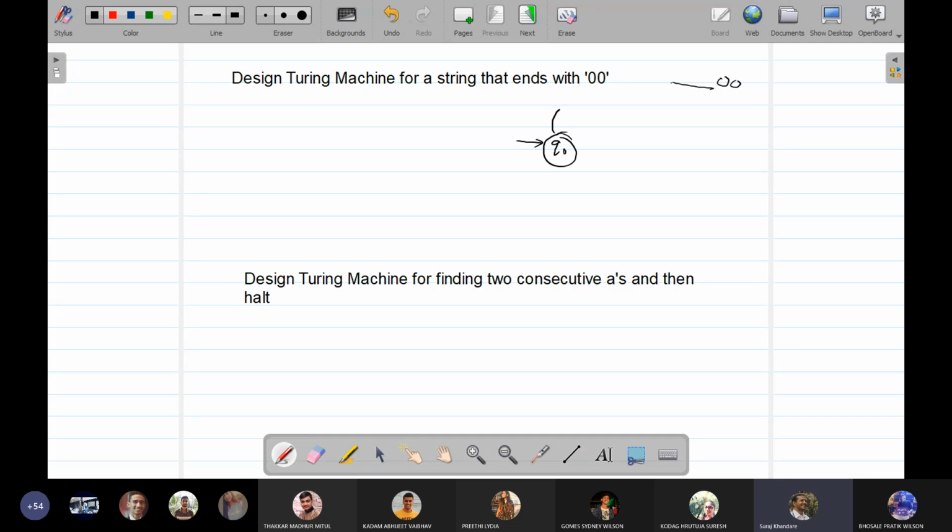We'll keep moving from Q0 to Q0. 1 will be kept as it is, and we keep moving to the right. Then from Q0, if we get 0, then 0 as it is, we just change the state because we want 00 in the end. That combination has to be present.